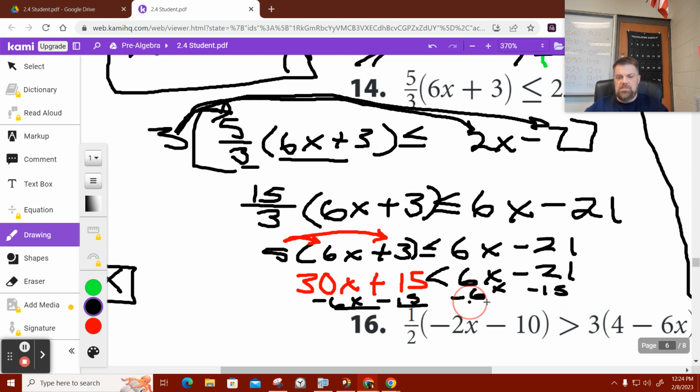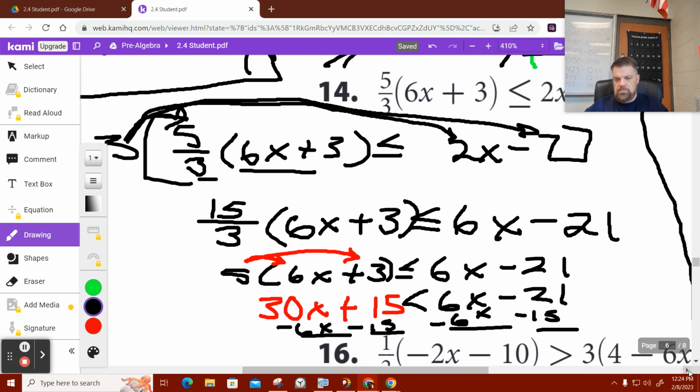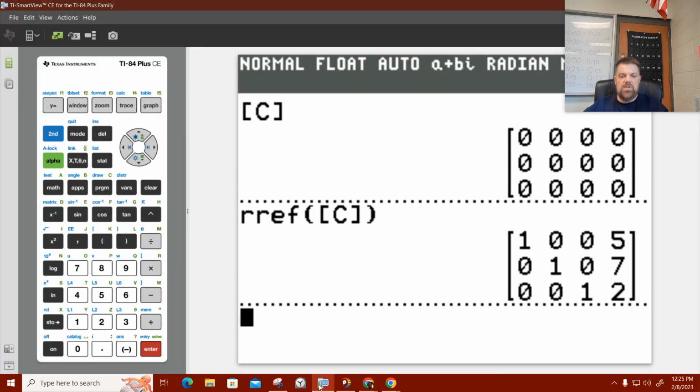When you do that, and I'm going to have to write over here really small, this becomes 24x is less than negative 36. So then you divide by 24, divide by 24. These cancel. And my answer is going to be x is less than negative 36.